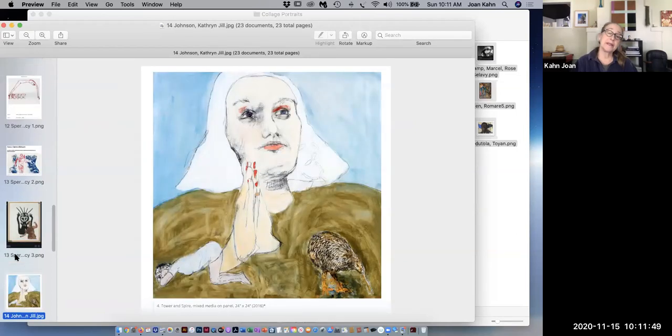I saw this painting at some point online or in a magazine, by an artist named Catherine Johnson. I think she might be either from New Zealand or Australia. And what I like here is that she represents herself as part of the earth.